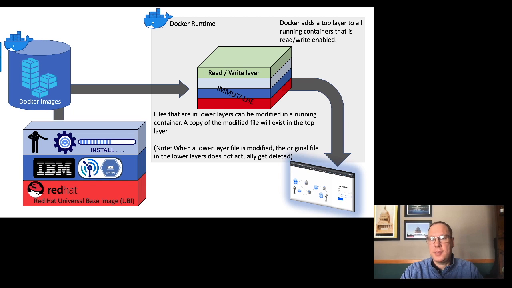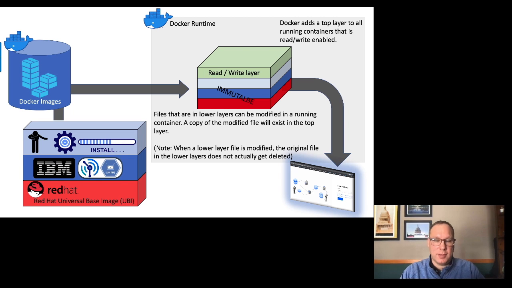This is a layer that's created when you invoke the docker run command and a container starts to run. It creates a top layer. It is true that the images below this top layer are immutable. You cannot change them. It's still in the repository. You're not going to be able to change it, but you can change the read-write layer that's added when you start a container.